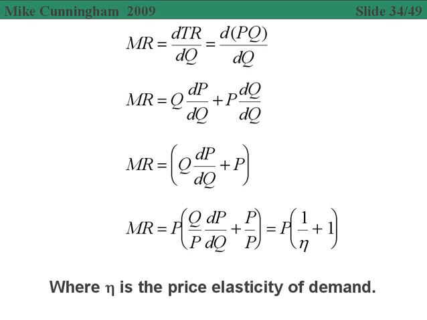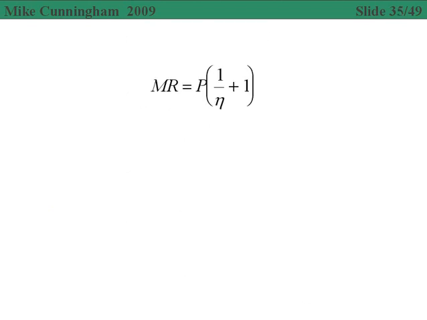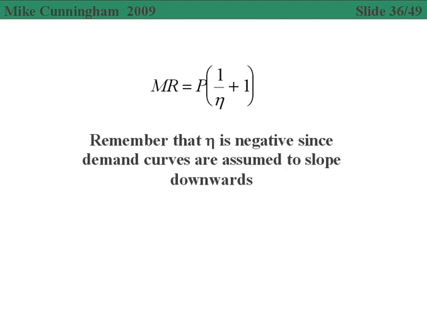Okay, we're getting towards a useful little expression here. We haven't got there just yet. Let's just carry on. So we've got that. Eta, the elasticity figure, is always negative. Well, for downward sloping demand curves, it's always negative. And by convention, of course, when we do calculations, we just simply ignore the minus sign.